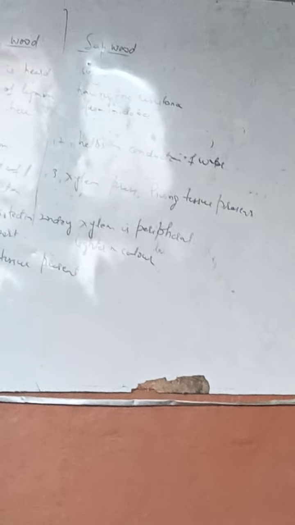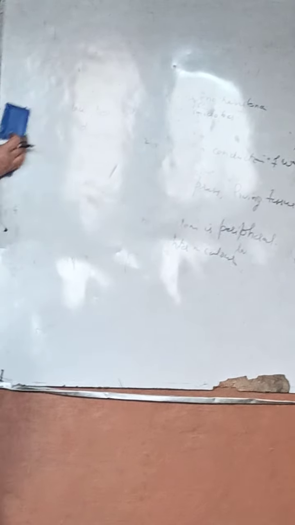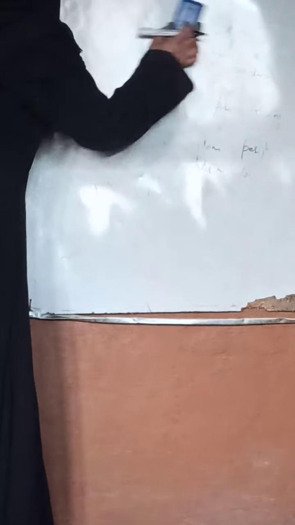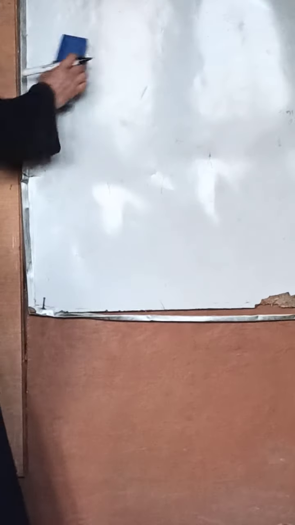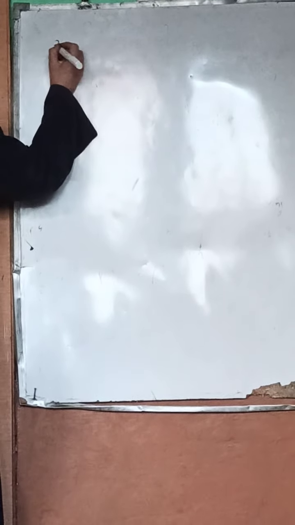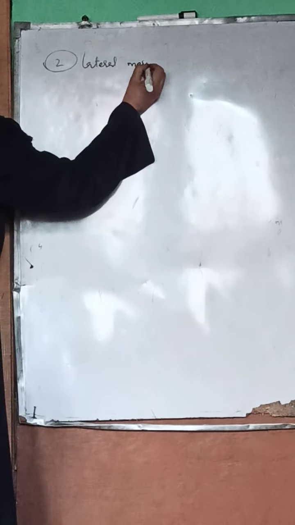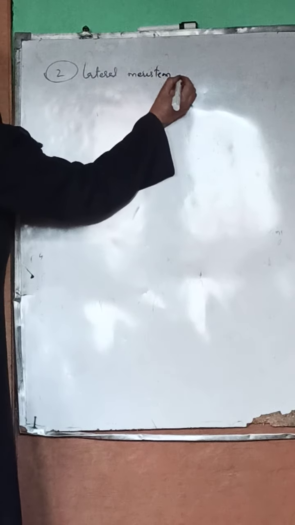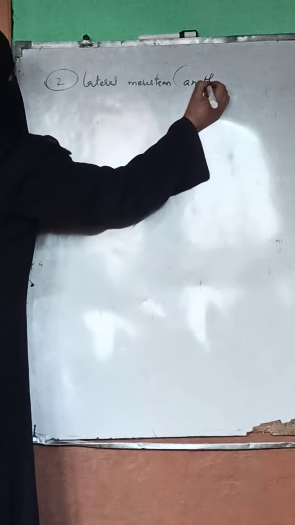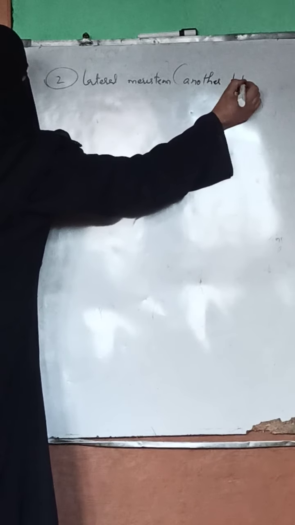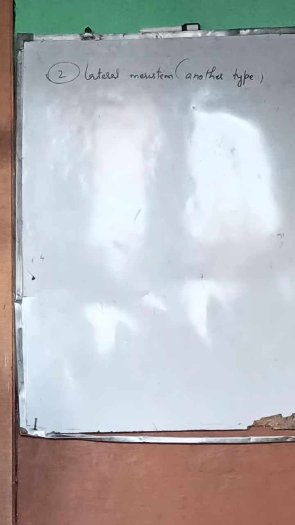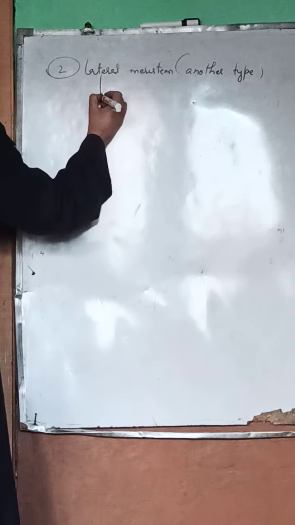Now there is another type of lateral meristem, which is responsible for secondary growth. It is called cork cambium. Another type of lateral meristem, which is responsible for secondary growth.